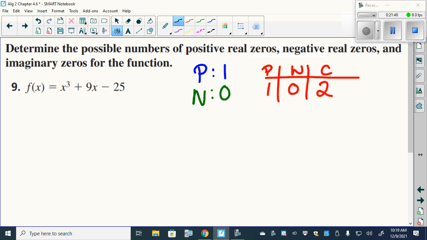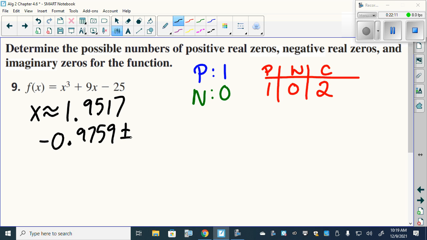Now it works out that x is positive and is approximately, well, don't erase, 1.9517. Or it could be negative 0.9759 plus or minus 3.4434 i, approximately.